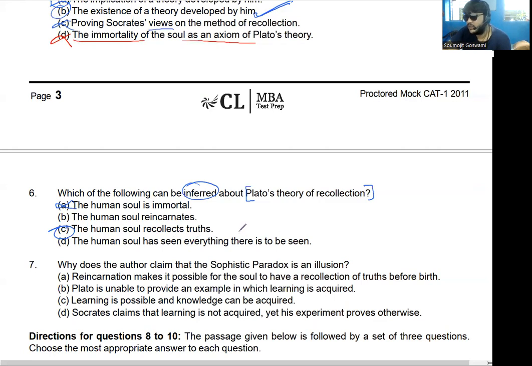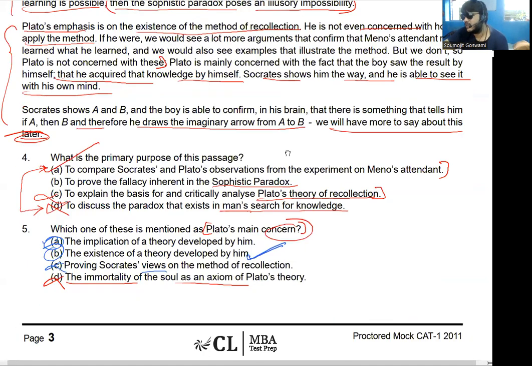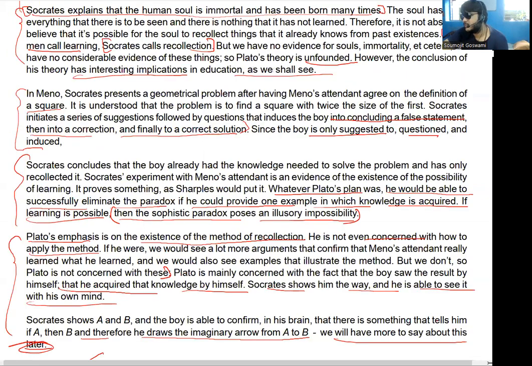So one thing that I know for a fact that this was his idea, the recollection. It was Plato, or rather Socrates, who said that the human soul has seen everything that there is to be seen. But I will have to go back to the passage because I need an exact statement that says that.